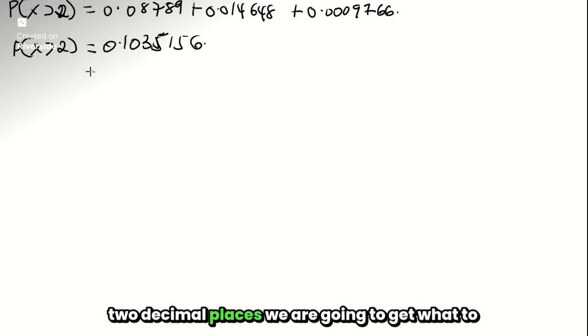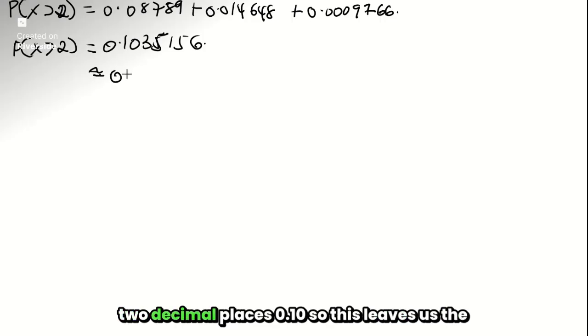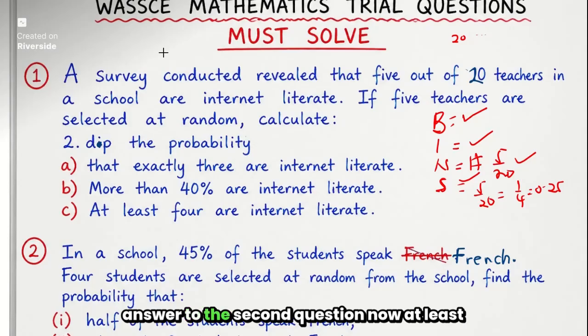To 2 decimal places, we get 0.10. So this leaves us the answer to the second question.